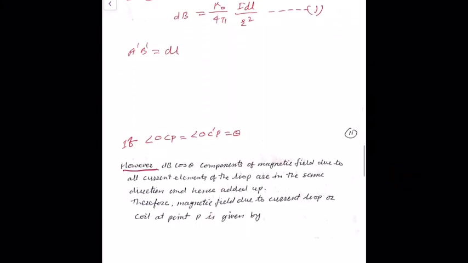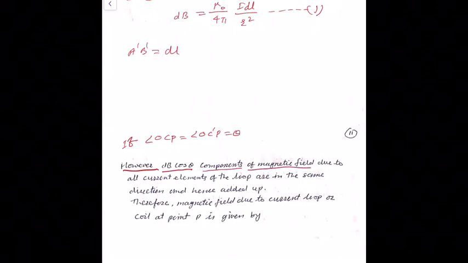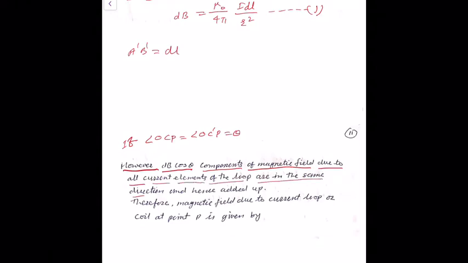However, the dB cos theta components of the magnetic field due to all current elements of the loop are in the same direction and hence added up. Clear?